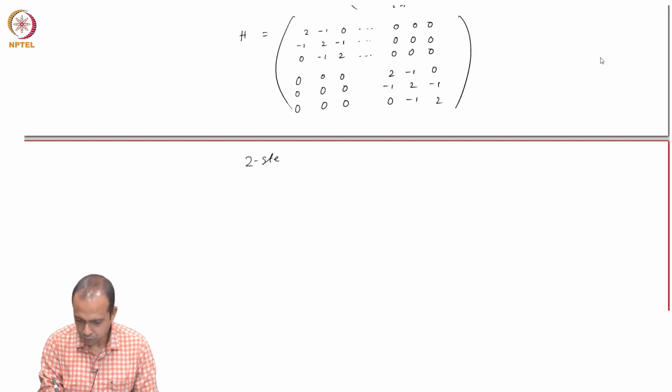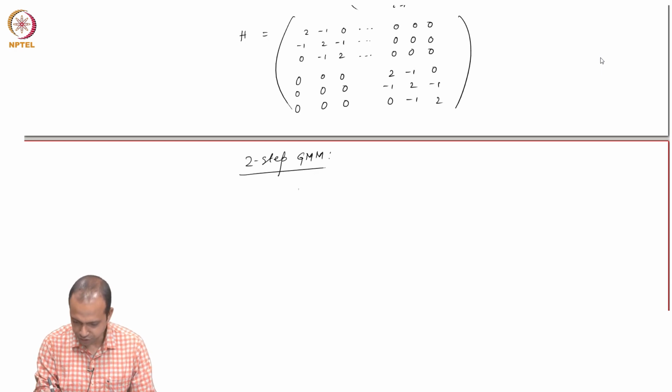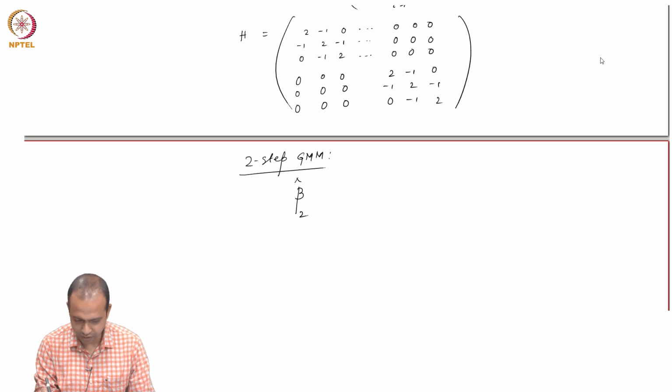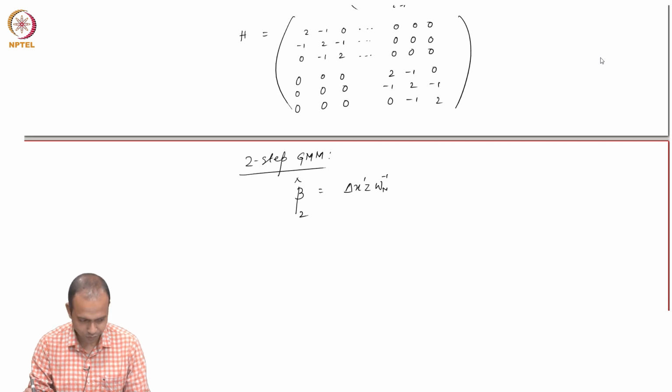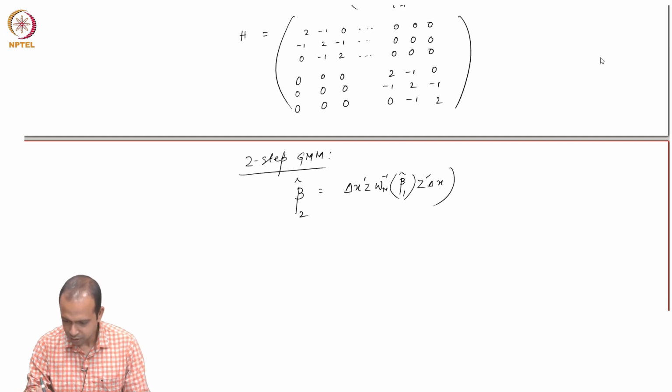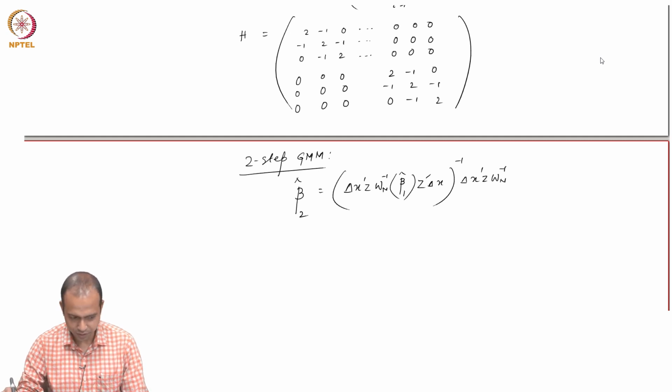The 2-step GMM is beta 2 hat equals, what I am doing, delta x prime Z Wn inverse, then I am using beta 1 hat estimated earlier, and then Z prime delta x whole inverse, then delta x prime Z Wn inverse beta 1 hat Z prime delta y.